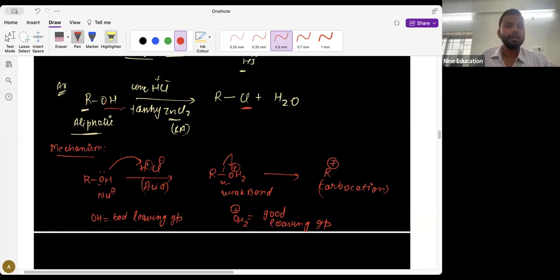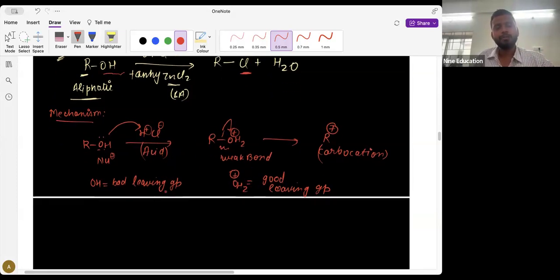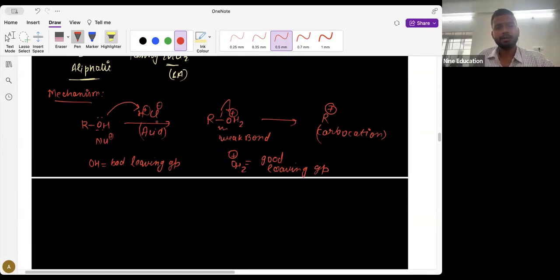So once you put alcohols in HCl, directly आपको याद करना कि whenever you put acid on any organic compounds, you will always form carbocation बनता.